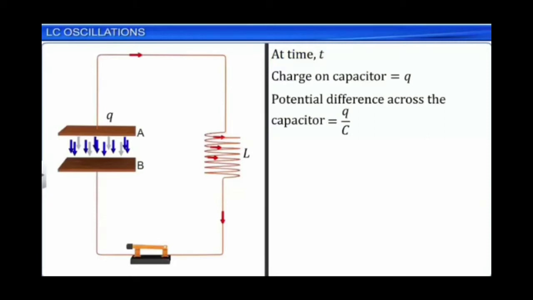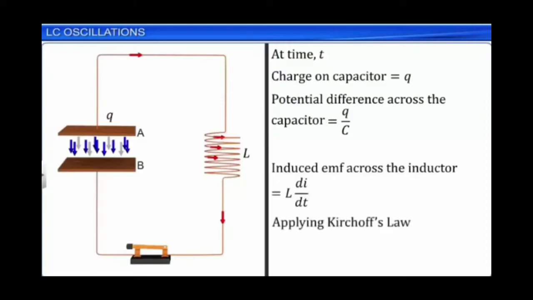Now, the potential difference across the inductor, that is the induced EMF, is L into di by dt. Now, applying Kirchhoff's law to the loop, we have Q by C minus L into di by dt is equal to 0. Let it be equation 1.